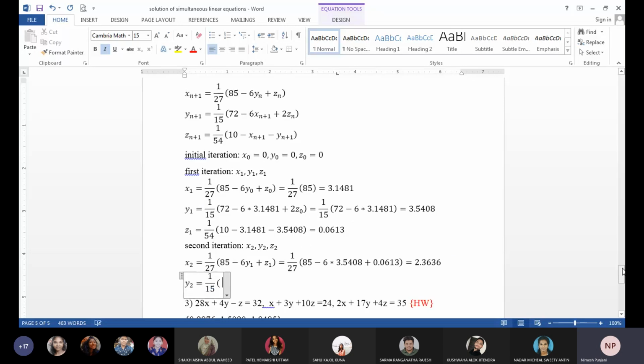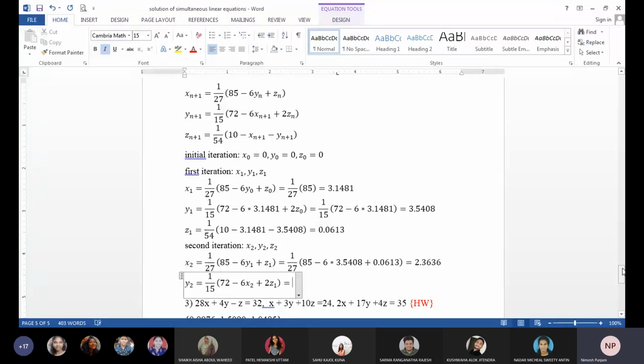It will be 1 upon 15 multiplied with 72 minus 6 into x2 plus 2 into z1.